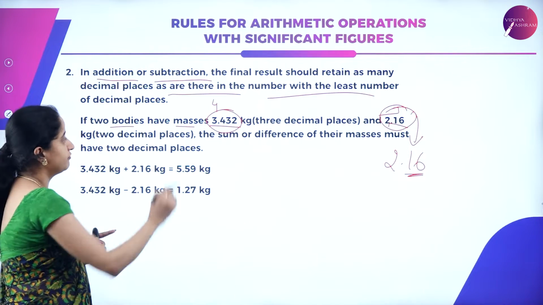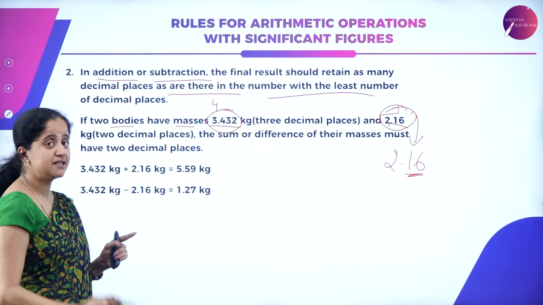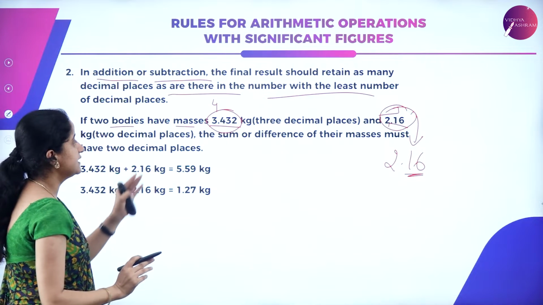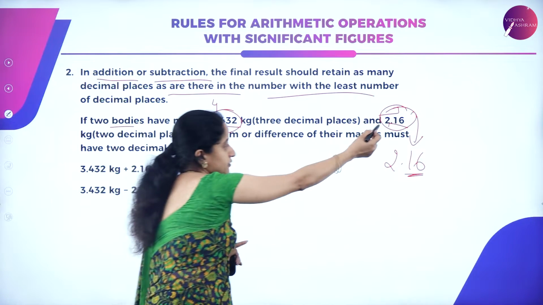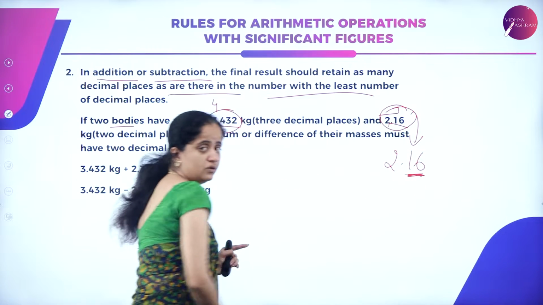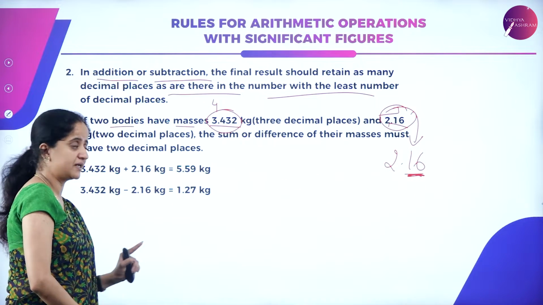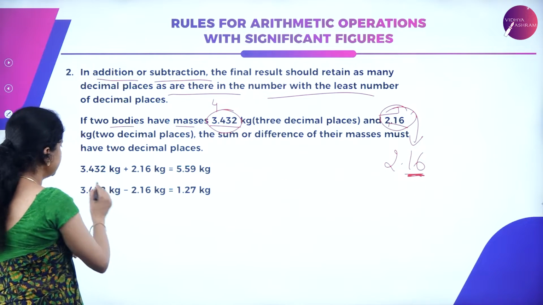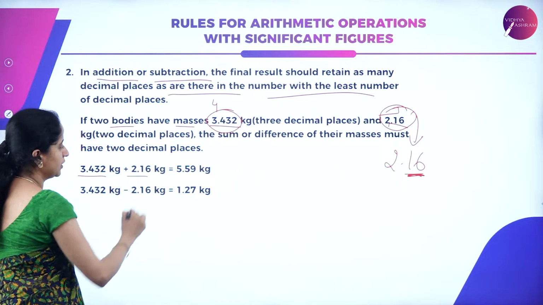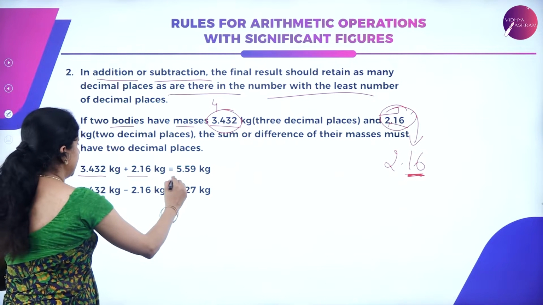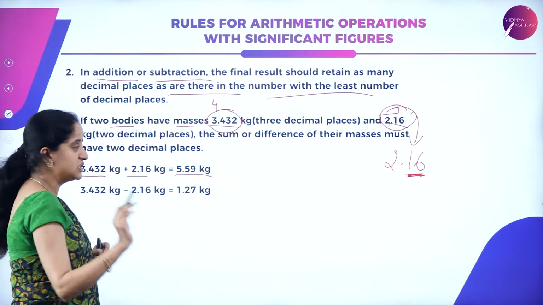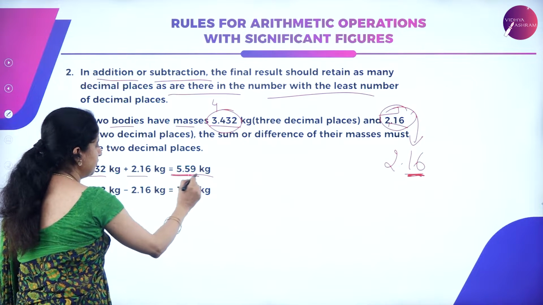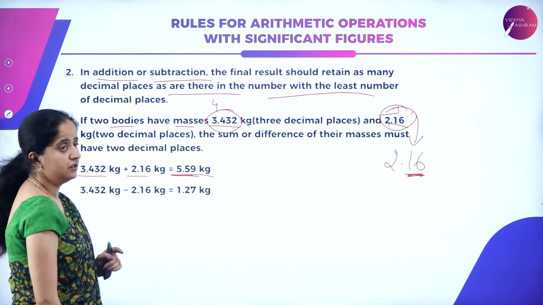According to the rule, the final result should retain as many decimal places as there in the number with the least number of decimal places. So here the least number of decimal places is just 2, so I have to retain the same in the final answer. So let us add this. 3.432 plus 2.16 gives us 5.592. So instead of 5.592, we are considering just 5.59 according to the rule.